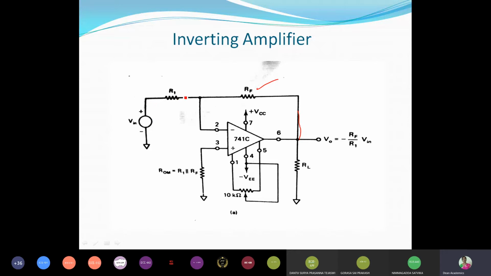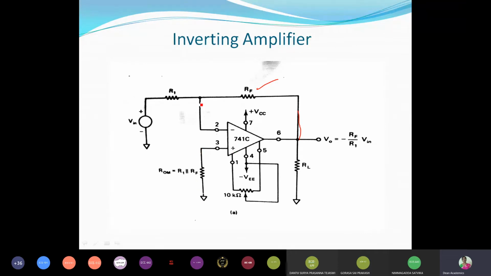Otherwise, we say through some current limiting resistance we apply the voltage. When you remove this voltage source and connect it to the non-inverting input terminal, this terminal will be grounded. Now this is about the inverting input.